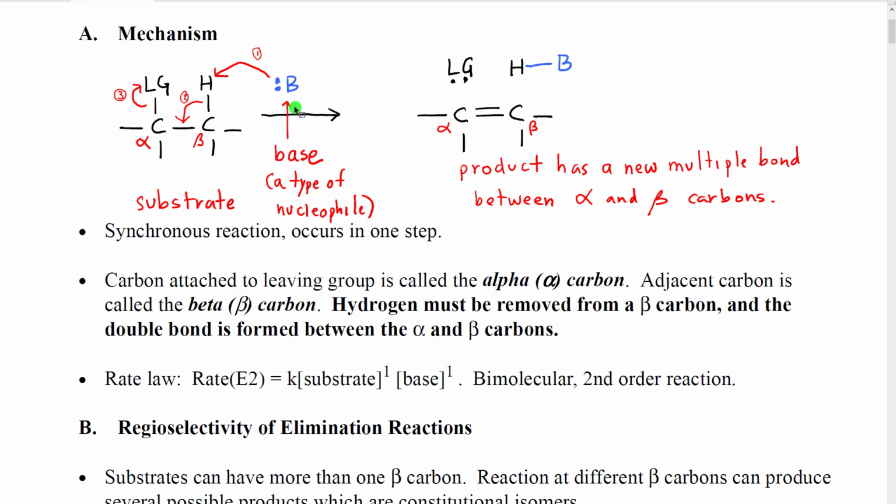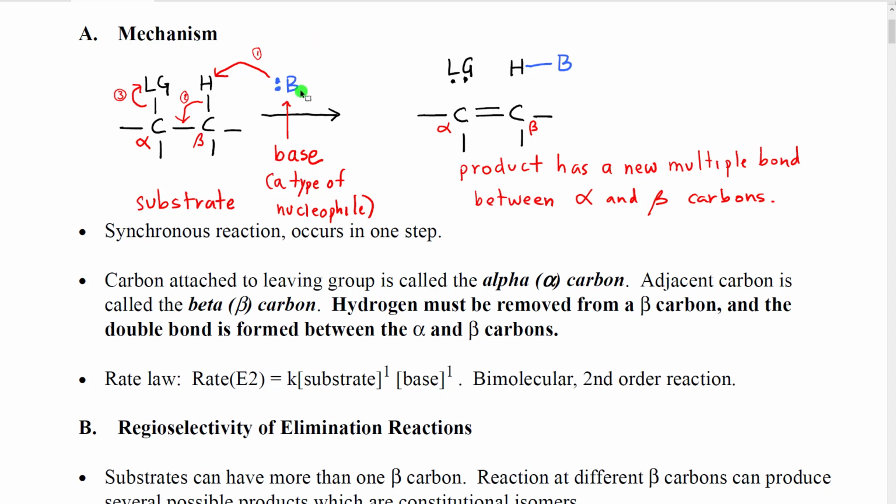The reactant in this case is going to be similar to a nucleophile, but it is going to make a bond to a hydrogen instead of to a carbon. So we will call it a base. And in fact, it's my preference to represent bases with this symbol, the letter B, and a lone pair of electrons.